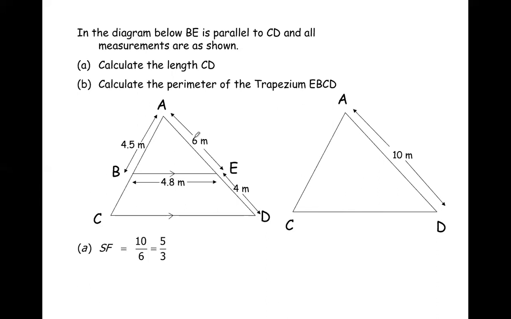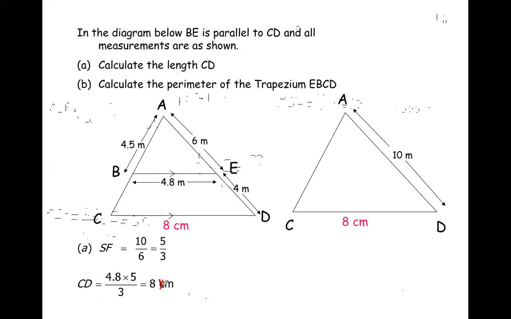So the scaling factor is 10 divided by 6, because the smaller triangle has got 6 here. 5/3. That's an enlarging scaling factor. So now I need to times 4.8 by this scaling factor of 5/3. That gives us 8 centimeter, or it should have been 8 meter. I'll fix that.